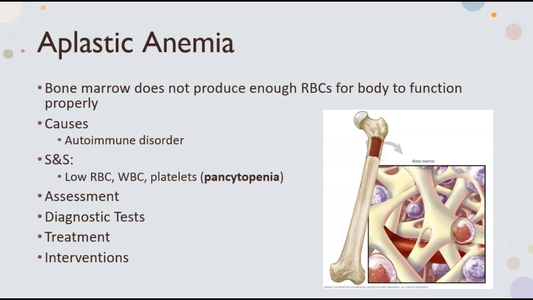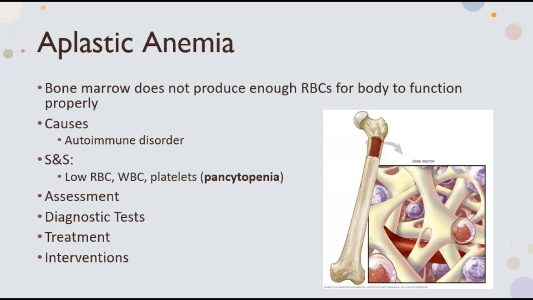Signs and symptoms are going to be your low red blood cells, low white blood cells, and low platelets, which again, that's pancytopenia. And the signs and symptoms are going to directly relate to the suppression of each of those blood elements. So for your red blood cells, fatigue, shortness of breath, dizziness, headache, cool, clammy skin, pale skin, or chest pain.